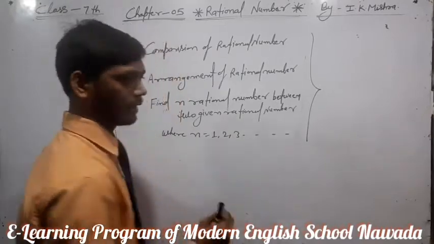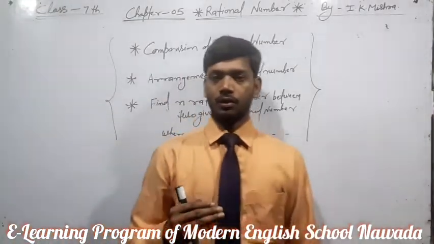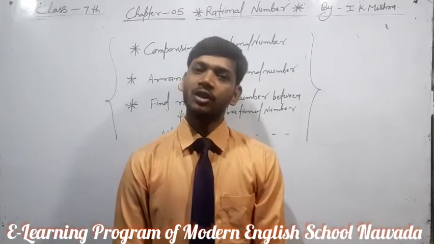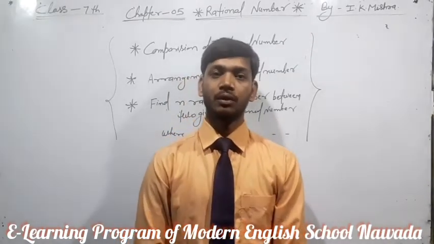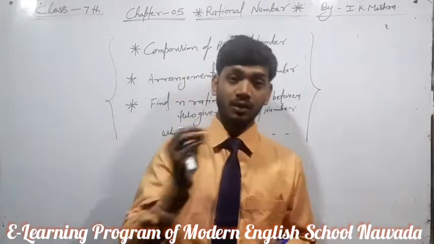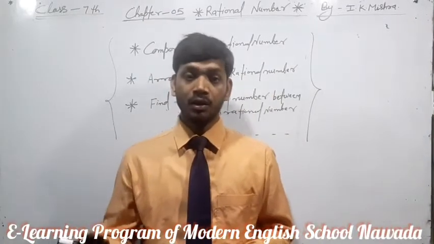That means here we have to study first the comparison of two rational numbers. That means how will you compare two rational numbers, which is smaller and which is greater.